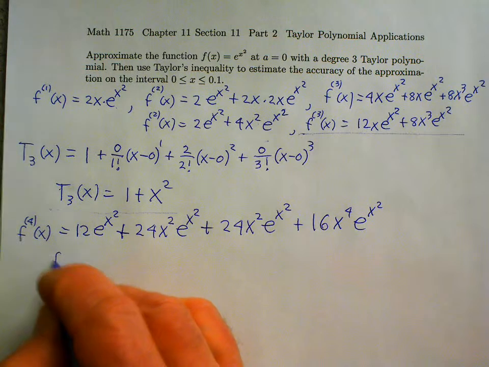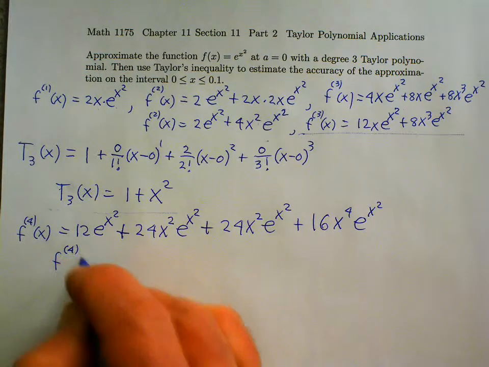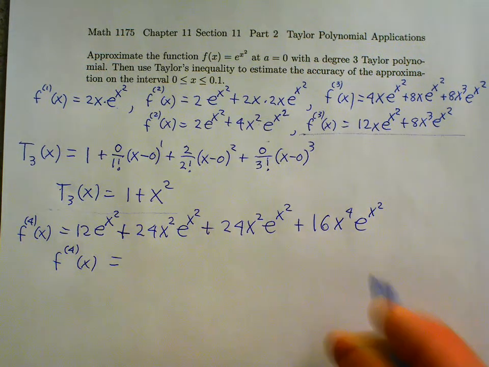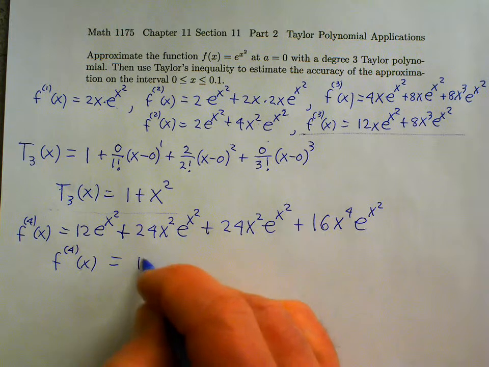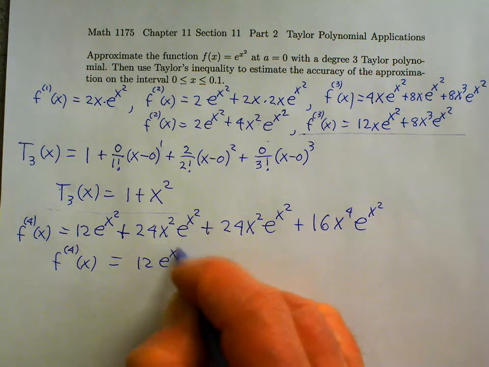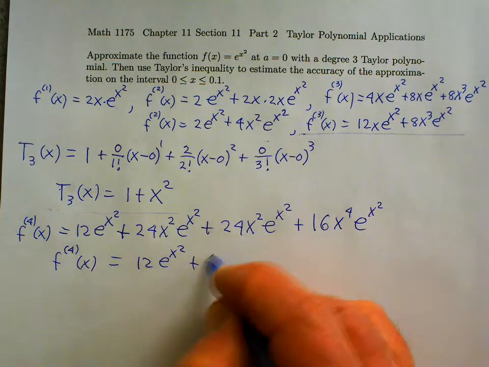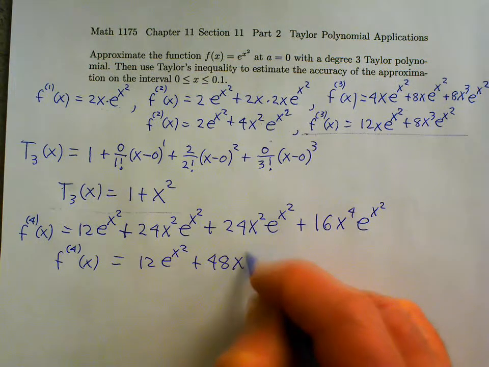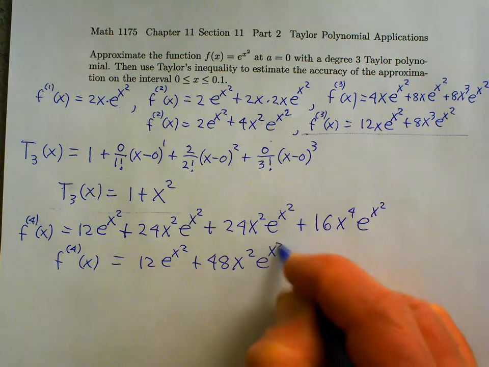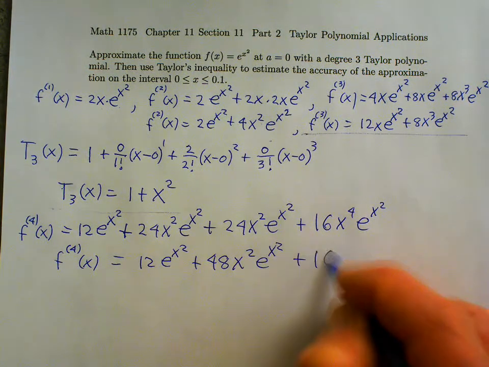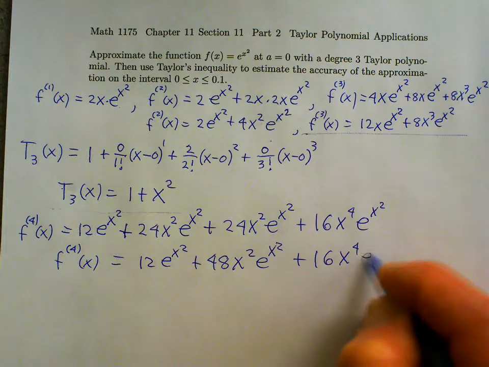So the fourth derivative is 12 times e to the x squared plus 48x squared times e to the x squared plus 16x to the fourth times e to the x squared.